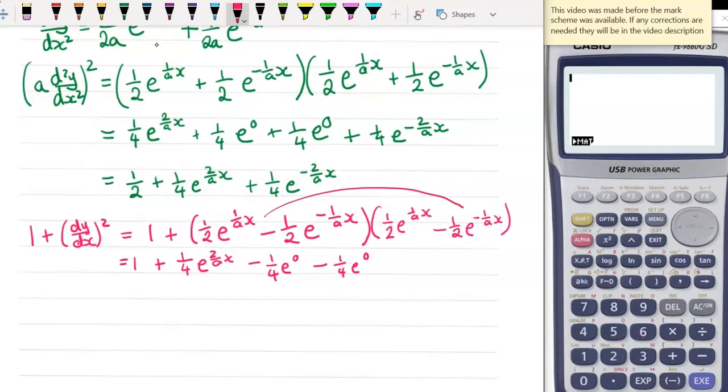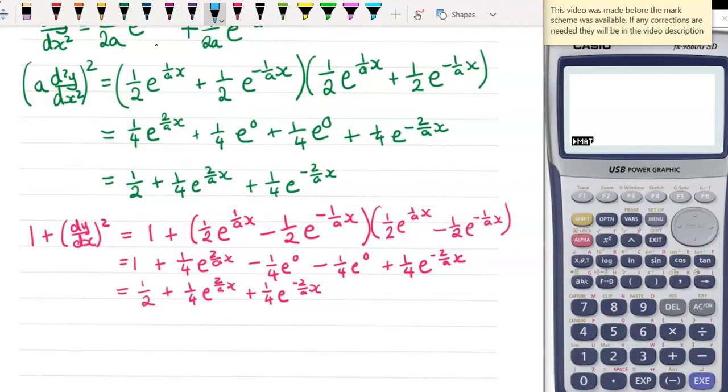And then the final term, those end terms being multiplied together, gives me a plus 1/4 e to the minus 2 over ax. Okay, e to the 0 is 1 again, so this is 1/4, minus a quarter, and we have the 1 at the beginning. So 1 take away a quarter is half, and then we're left with a quarter e to the 2 over ax, and a quarter e to the minus 2 over ax.